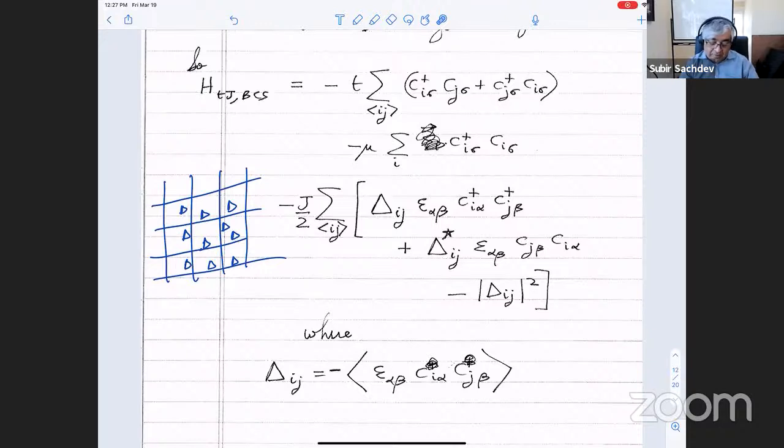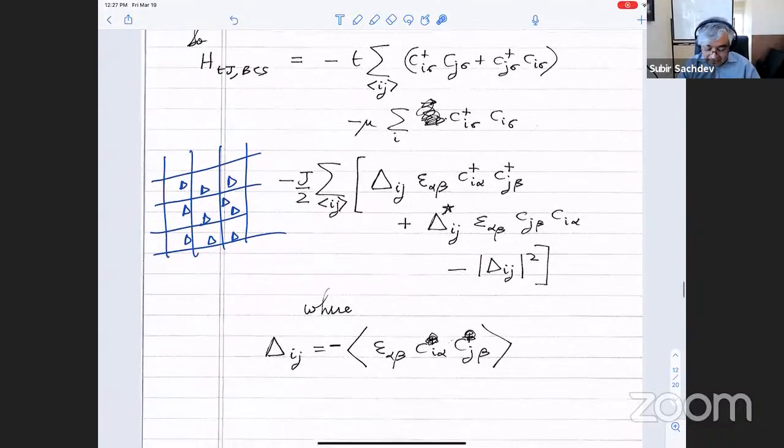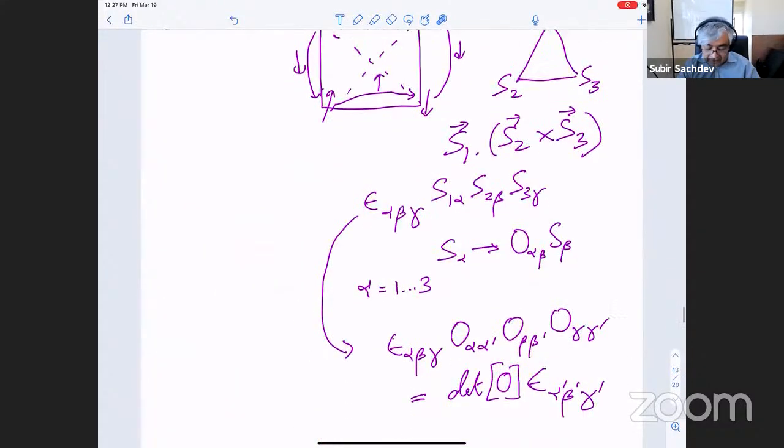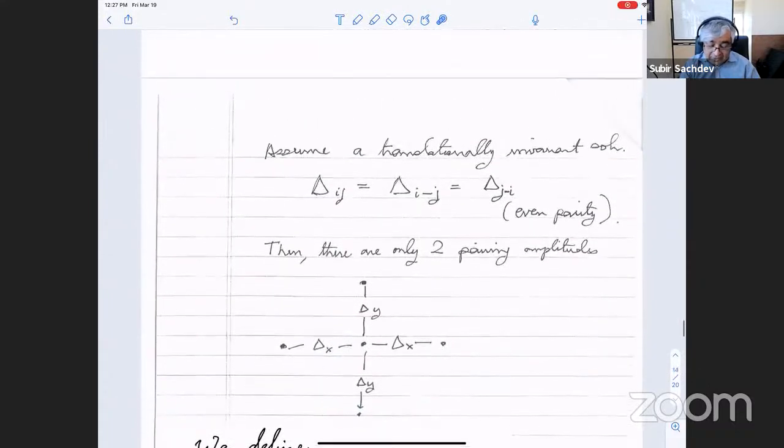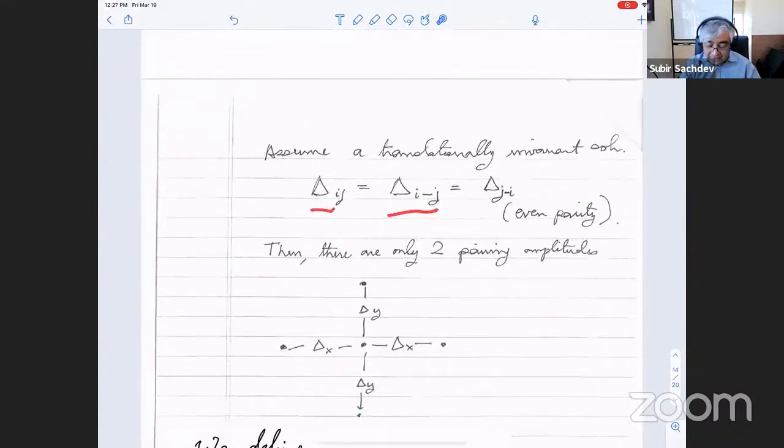All right, so first of all, let's just assume translational symmetry anyway. That is, this delta should be the same as that delta, should be the same as that delta. So all the horizontal deltas are the same, and all the vertical deltas are the same. But I'm going to hold off putting the horizontal deltas equal to the vertical deltas. So we're going to take our delta ij to be only functions of the difference between the sites, and real.